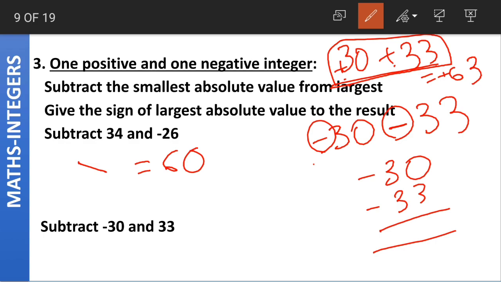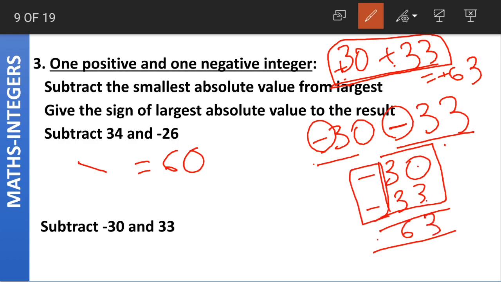positive. In the same way, for minus 30 and minus 33, both the numbers have the same signs, so we add up both their absolute values. 30 plus 33 is 63, and as both the numbers have the negative sign, the same negative sign is applied to the answer as well. Is it clear?